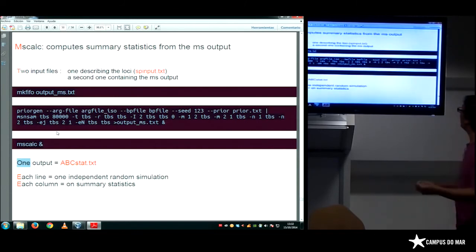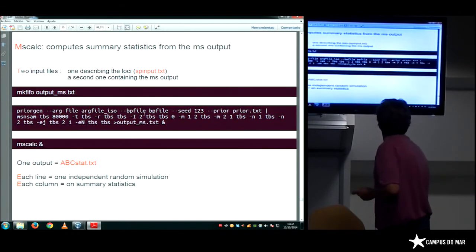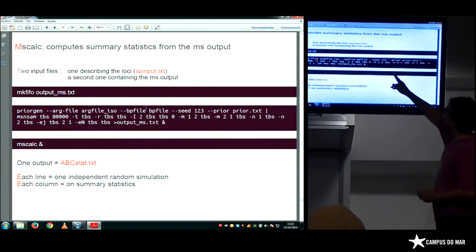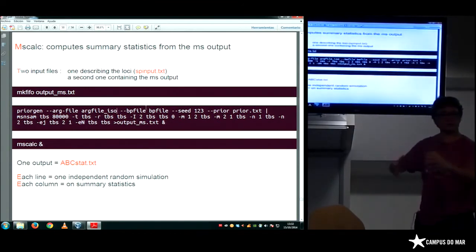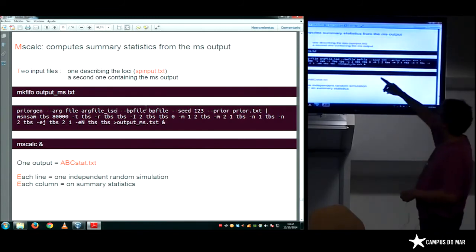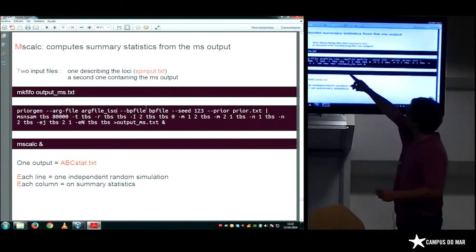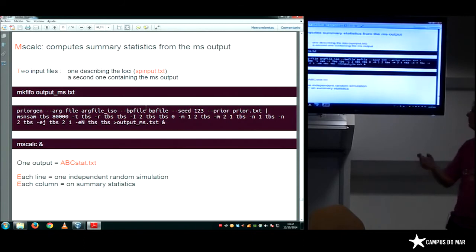Okay? So to do this, you have to call this pipeline. This pipeline calls first prior gen, which allows you to obtain all your parameters for your simulations. Then you call MS to do the coalescence simulation.